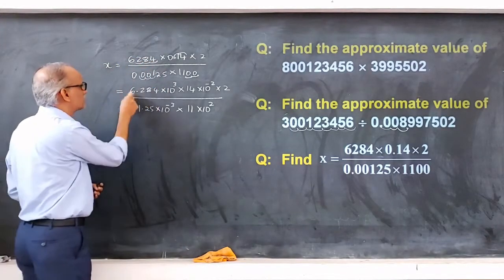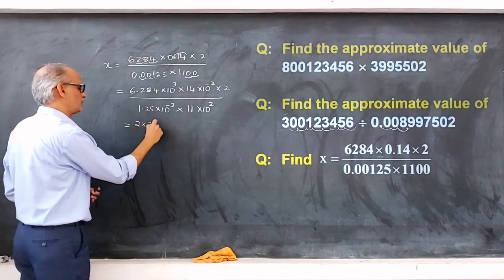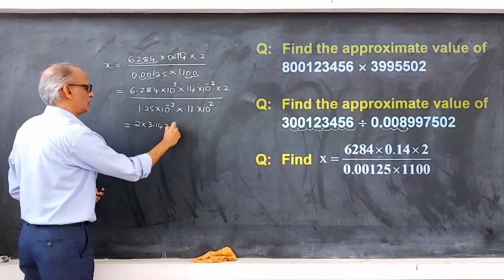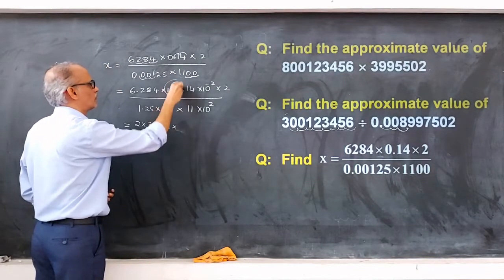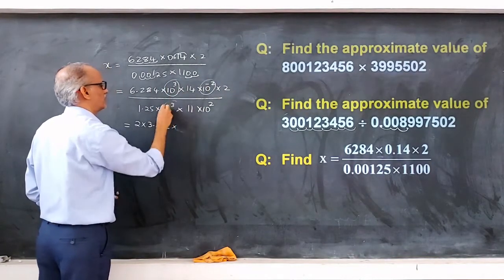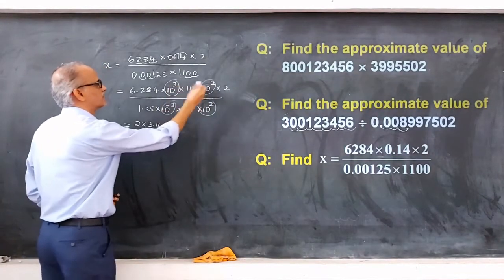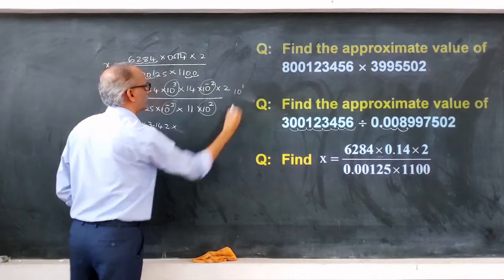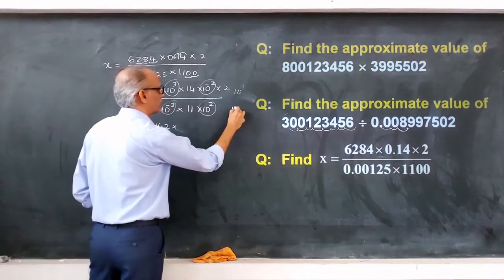Now if you look at this number, 6.284, that is the same as 2 into 3.142 into... I will simplify all the powers here. We have 1, 2, then 3 and then 4. So first in the numerator, 3 minus 2 is plus 1, 10 to the power 1. In the denominator, minus 3 plus 2, 10 to the power minus 1.